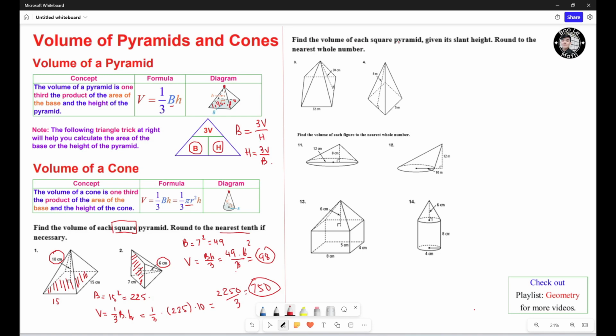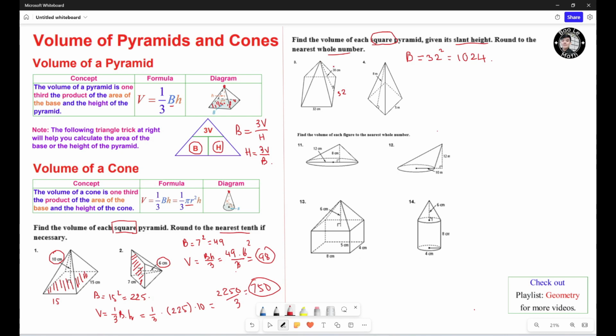Find the volume of each square pyramid, given its slant height. Round to the nearest whole number. Alright, so because the base is square, this is 32, this must be 32. B equals 32 squared, which equals 1024. Next one.